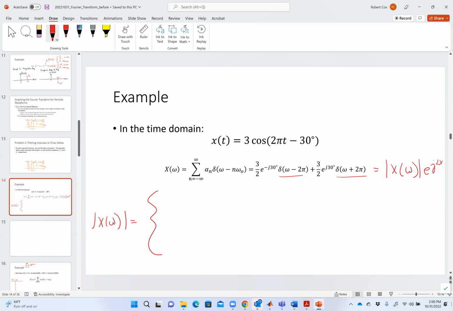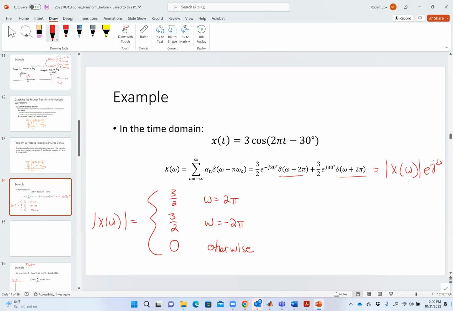At omega equal to 2 pi and omega equal to negative 2 pi, and everywhere else it's 0. At omega 2 pi and omega equal negative 2 pi, I just take the magnitudes of those 2 coefficients. What are they? Yep, 3 halves and 3 halves.